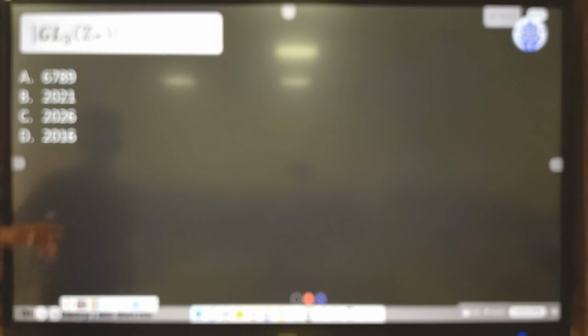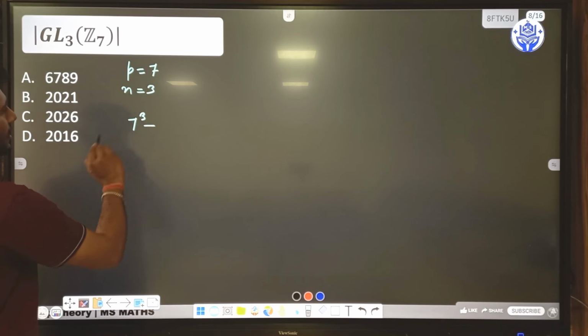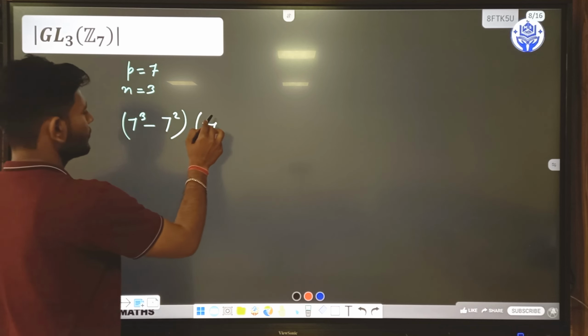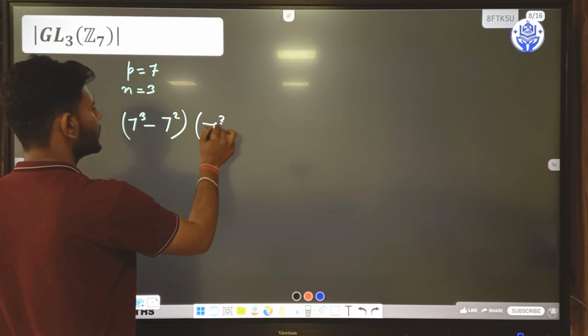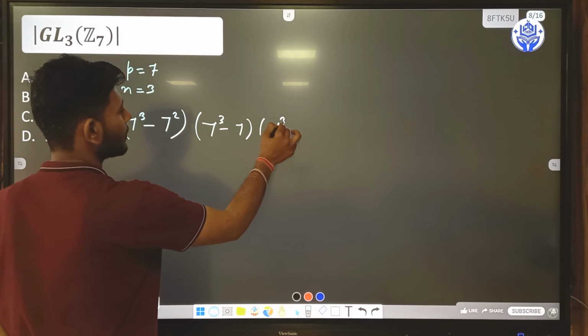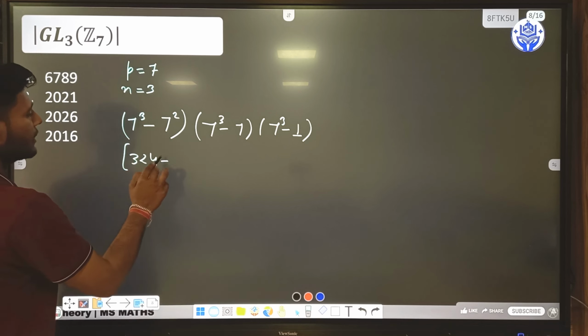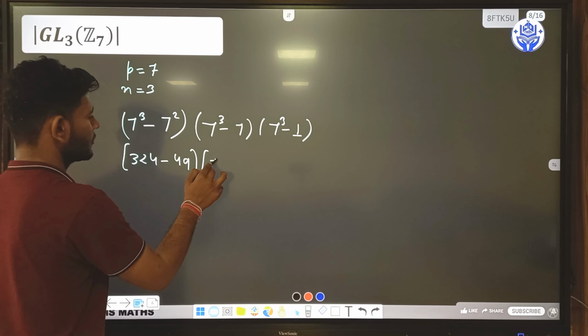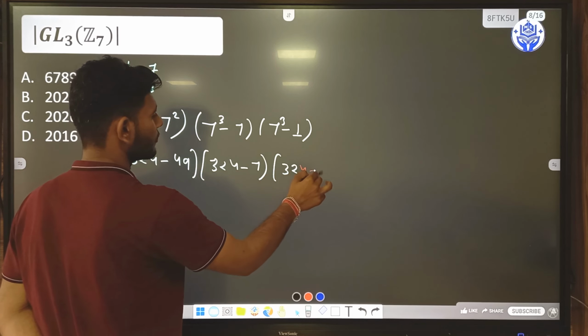Then same next question. Now here, what is p? So your p is 7, and what is n? That is 3. It means 7 power 3 minus 7 power 2, and again 7 power 3 minus 7 and 7 power 3 minus 1. This is nothing but 343 minus 49, and then 343 minus 7 and 343 minus 1.